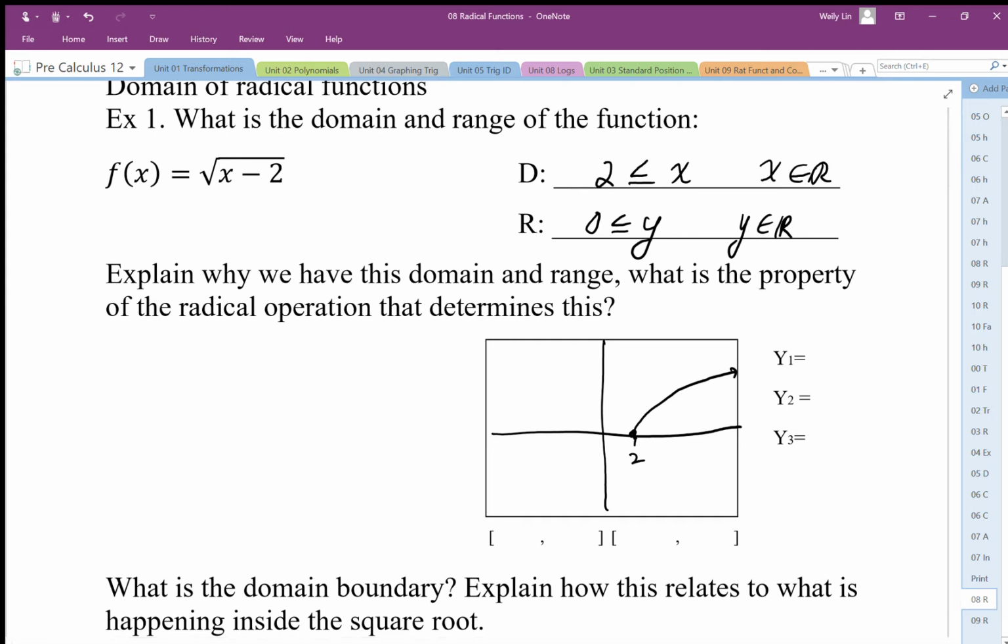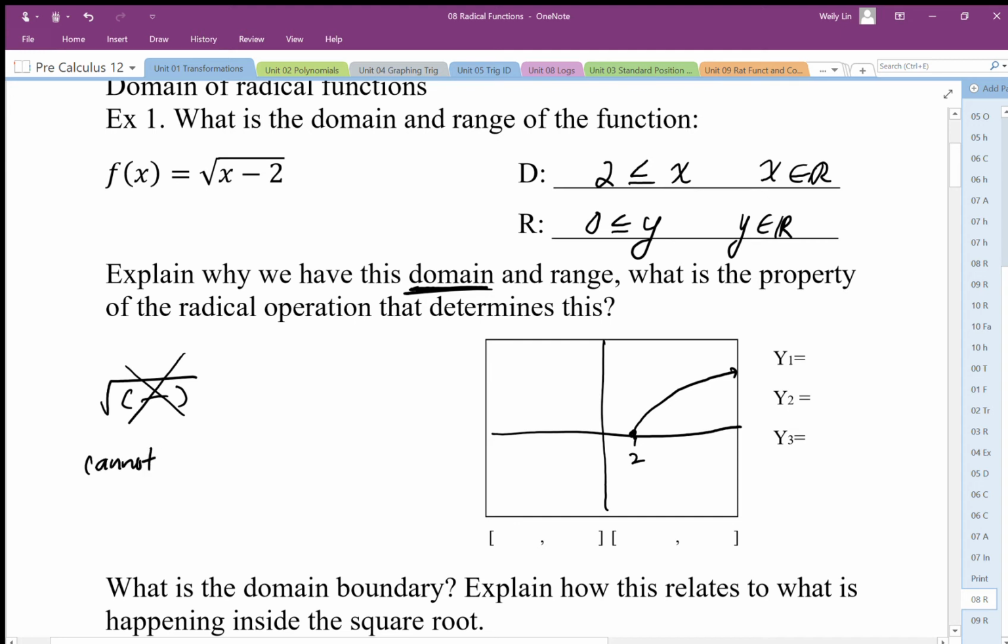But what is the property that determines how this thing behaves? So why does it start at 2? Well, the property of the domain, and again, it says domain and range, but really we're most interested in the domain. What's the property of the function that makes it have the domain that it does? It's this issue that we cannot square root negatives.